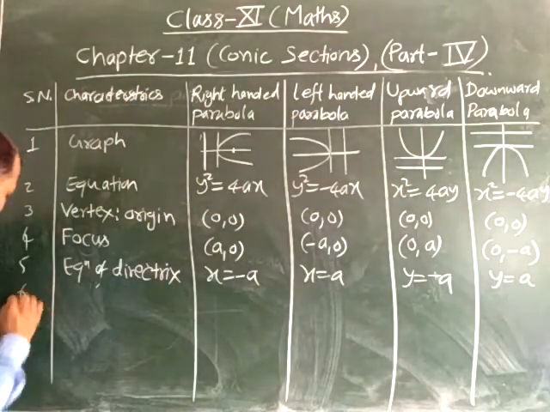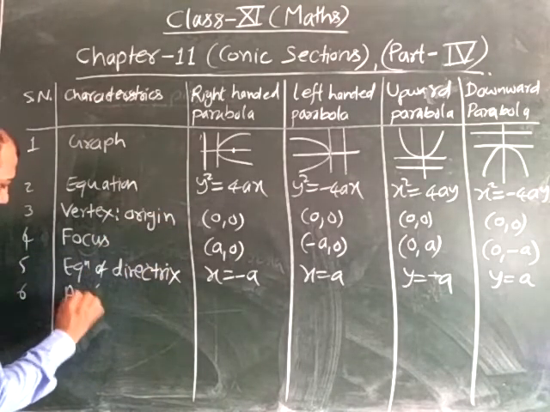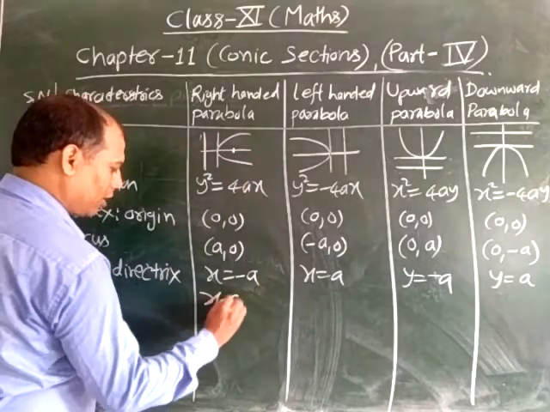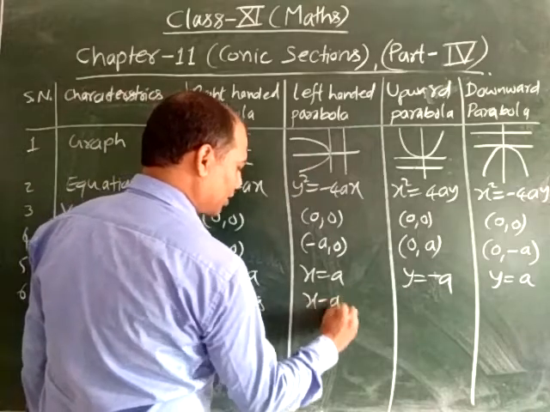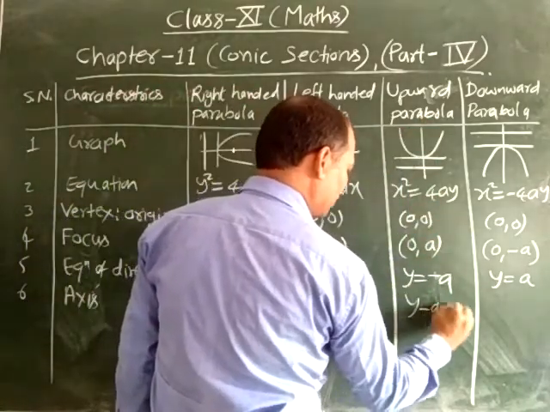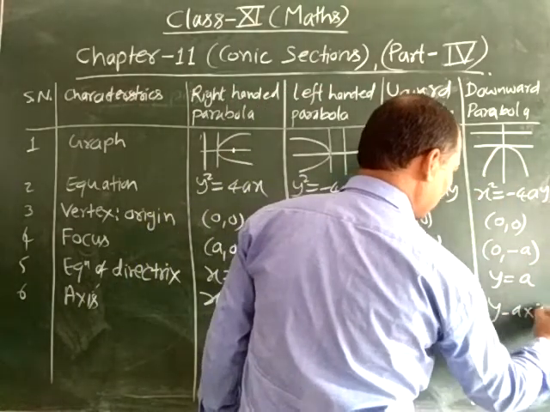The next one is axis. Axis of this parabola is the x-axis, and of this parabola is also the x-axis. Axis of this parabola is the y-axis, and axis of this parabola is also the y-axis.